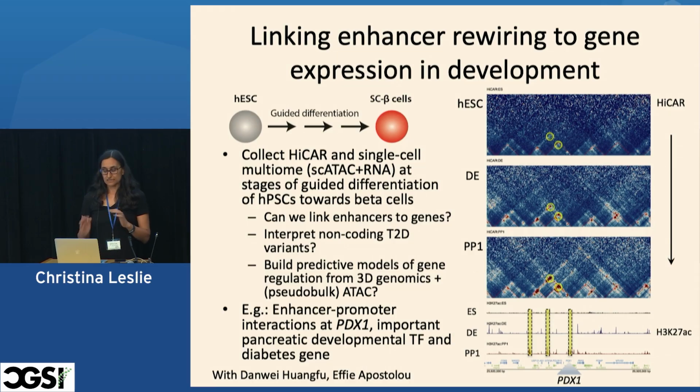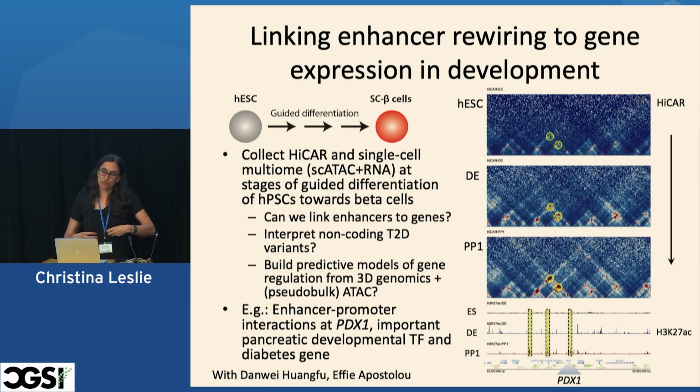The idea is we generated Hi-C-like data. It's called HiCAR. It actually uses both transposase and restriction enzymes. It's from Yarui Diao's lab, this protocol. And we also have multiome at these different steps of differentiation.